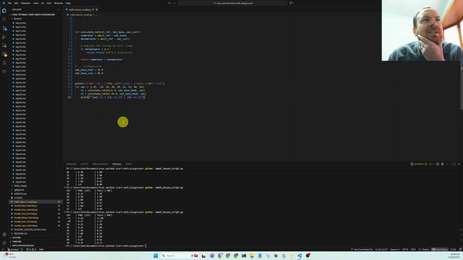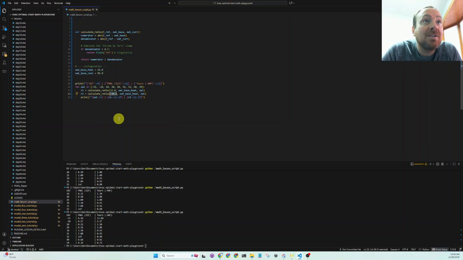So this is just a little bit more code that calculates the ratio, the same way we did before. And then these are the baselines for heating and cooling. I wanted to say this ratio of 32, which PNNL used, and then I want to set it as minus 40.